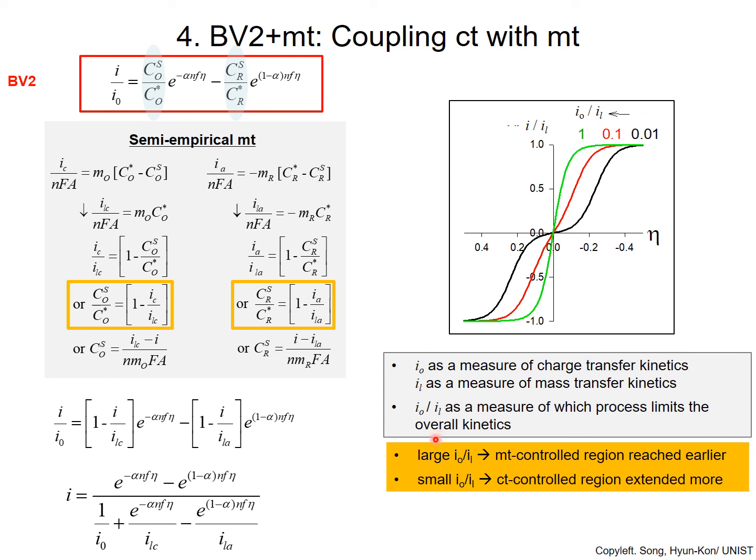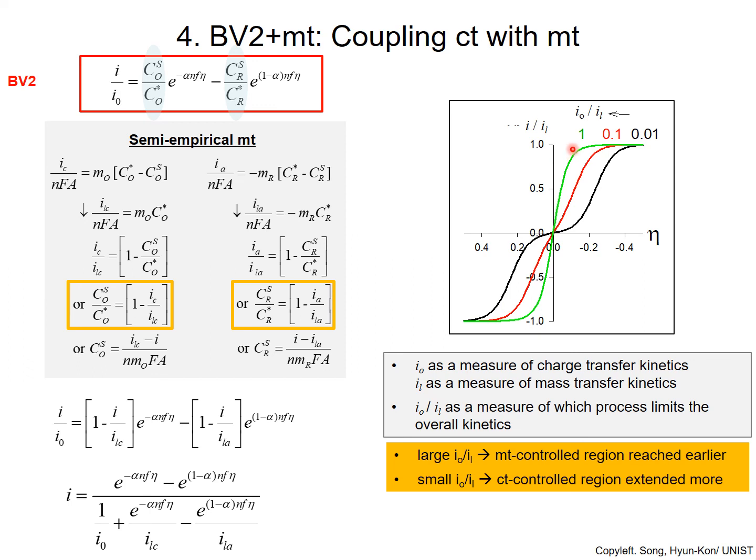That is to say, if you have large values of the exchange current per limiting current, then we should go to the value at 1. This is the maximum value for the current ratio in this case. Then you could observe that the mass transfer controlled region is reached earlier than the others.